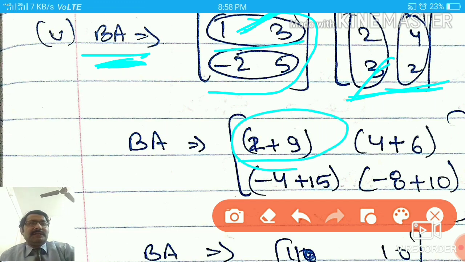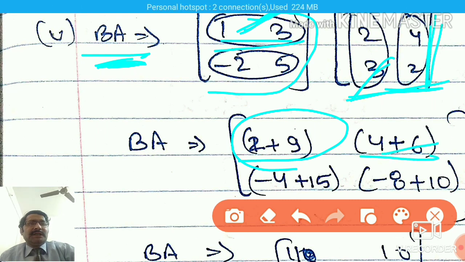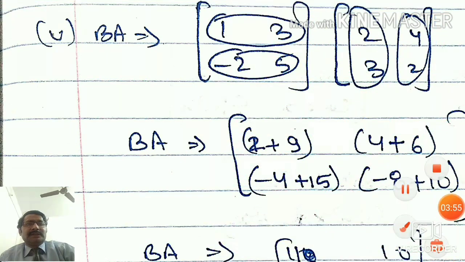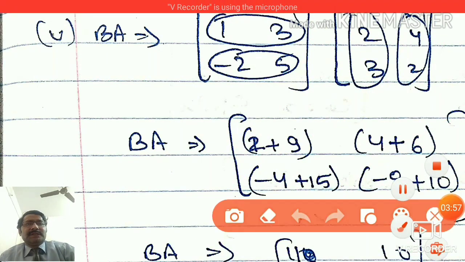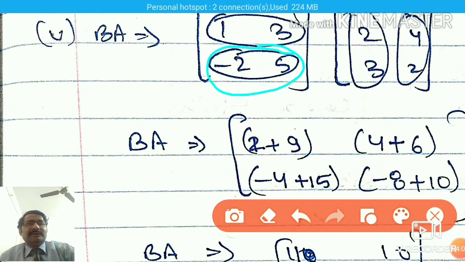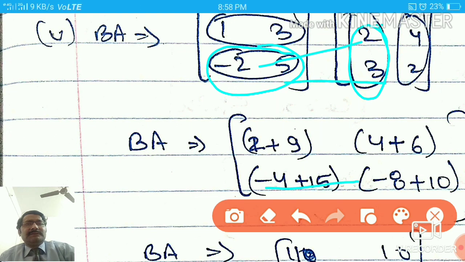Similarly, 1 and 3 you multiply by 4 and 2, so 1 into 4 and 3 into 2. For the second row, minus 2 and 5, and the first column is 2 and 3. These multiply: minus 2 into 2 is minus 4, and 5 into 3 is 15.